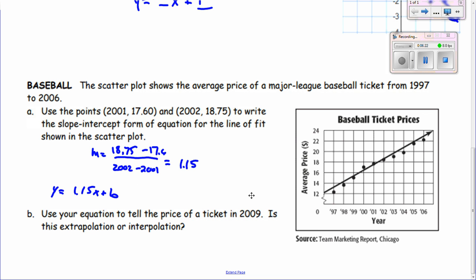But we can go 0, 1 with 17.6, and that is the 1, 2, 3, 4, 5th point out. So you could do y equals 1.15x plus b. Now your y is actually going to be what our y value is for 2001, 17.6, equals 1.15 times 5, because it's the 5th number out, 1, 2, 3, 4, 5, plus b.